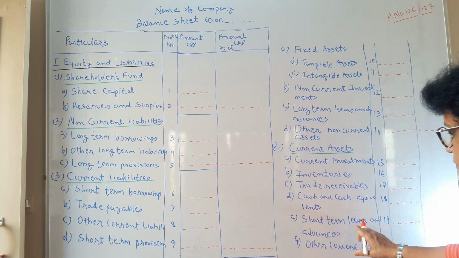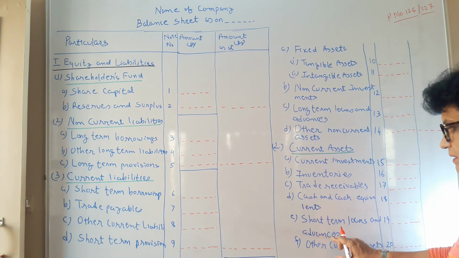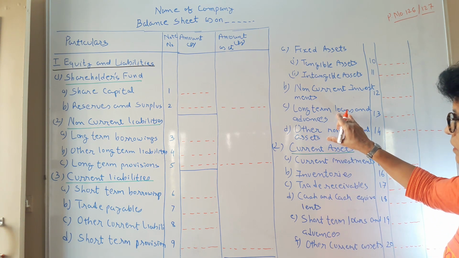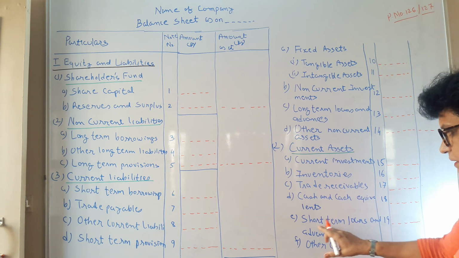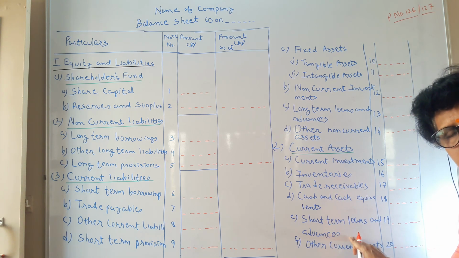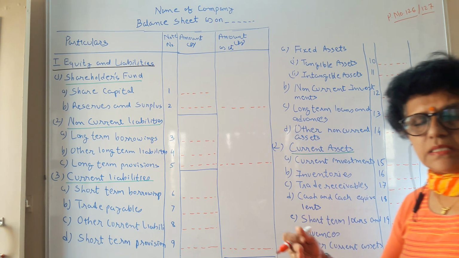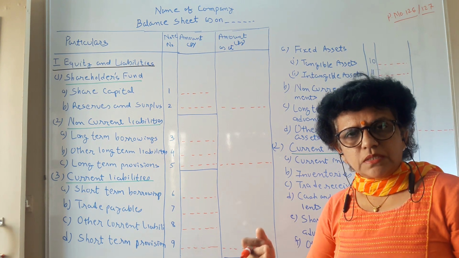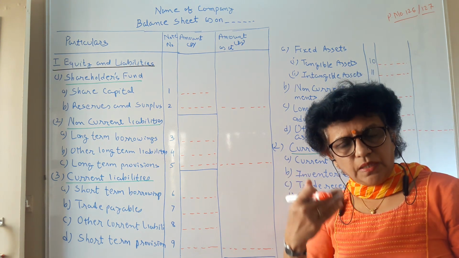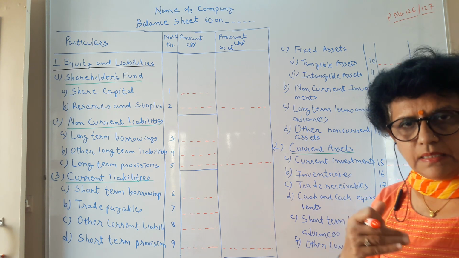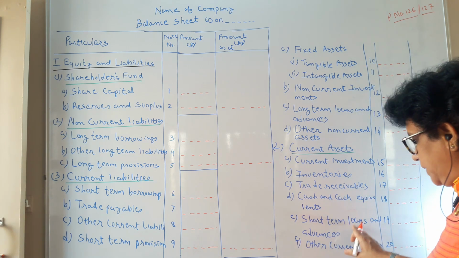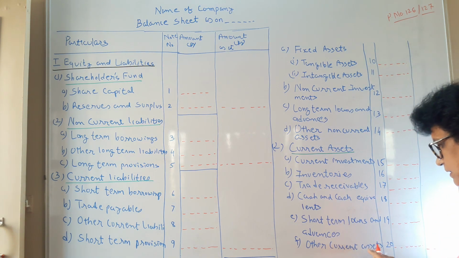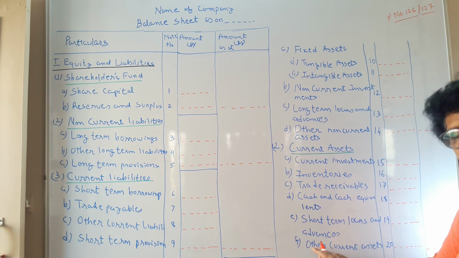Next is the short term loans and advances. Two types, one is the long term loans and advances, another is the short term loans and advances. The loans and advances given to employees, the loans and advances which are kept for a very short period, that is less than 1 year by the company. Next is the other current asset, any other current asset which the company acquires.